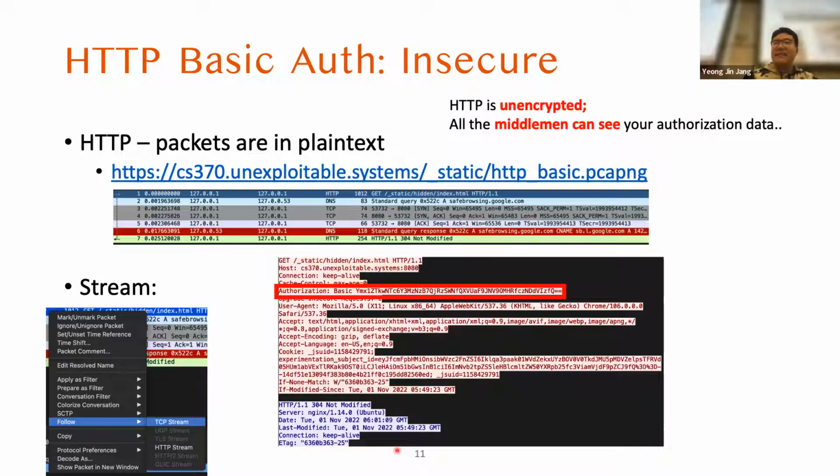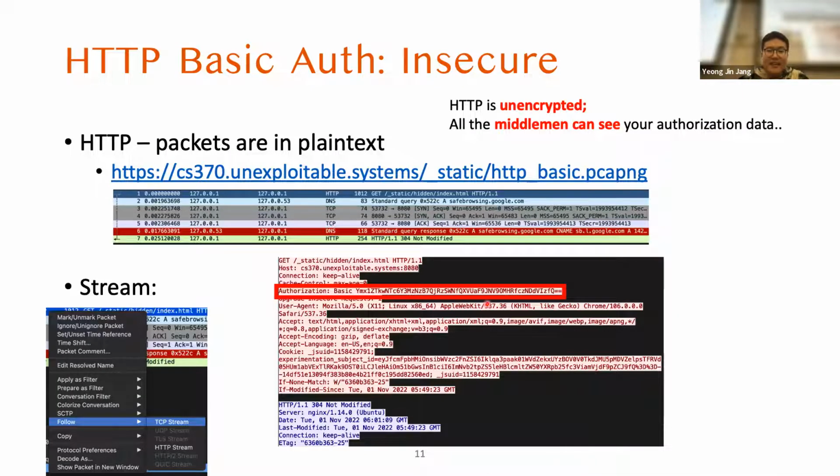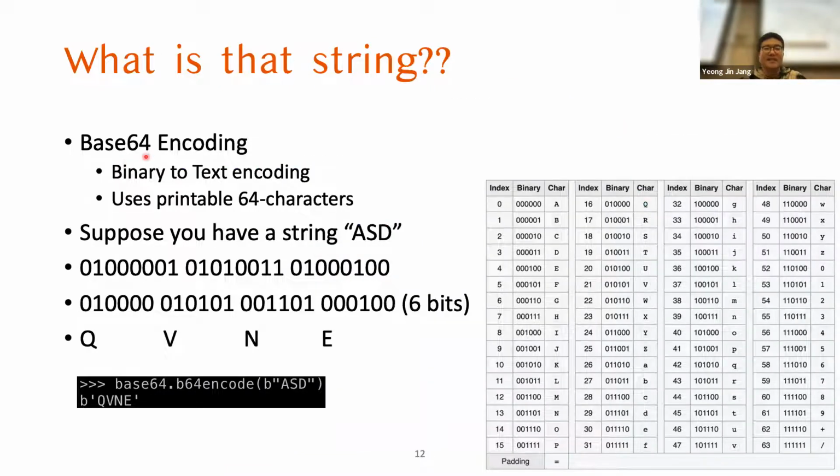Let's get into what that string is. The string is not encrypted. It's actually encoded in a scheme called Base64. To explain Base64 encoding: right now we are using 1 byte that can represent from 0 to 255, and from the value 32 to 127, these are the printable characters.